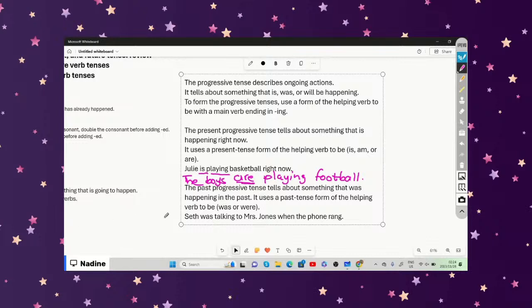So if we look at the sentence, it says, Seth was talking to Mrs. Jones when the phone rang. So was talking.